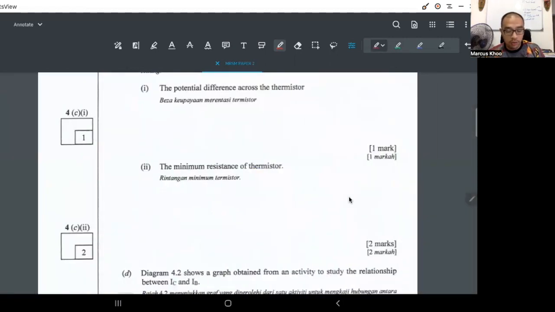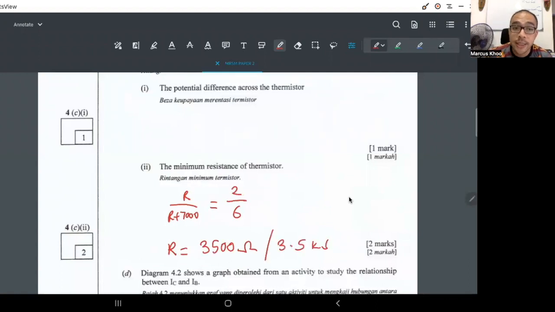So you can write this over here. R over R plus 7,000 equals 2 over 6, and you can find the value of R. You get R is about 3,500 ohms or 3.5 kilo ohms. Either one of these will be fine.